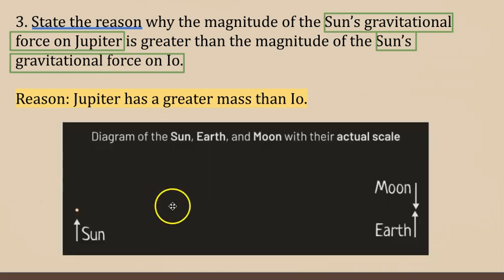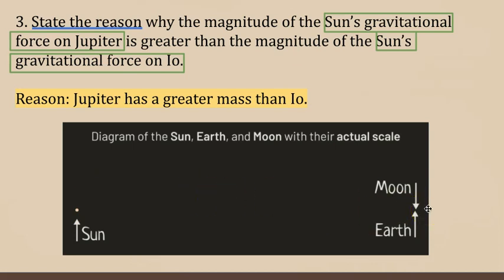And I wanted to show you this diagram of the sun, earth, and moon. And I know we're not really talking about the sun, earth, and moon, but it's a good kind of layout for how you can picture all of the planets and their moons. So here's the sun, and here's the earth and moon. The earth and moon are too small to see in this diagram because it is to scale. So the distance between the sun and the earth and the sun and the moon is almost impossible to distinguish.